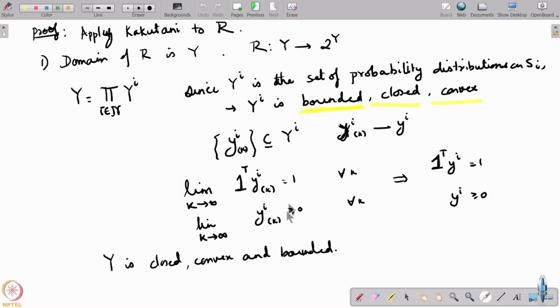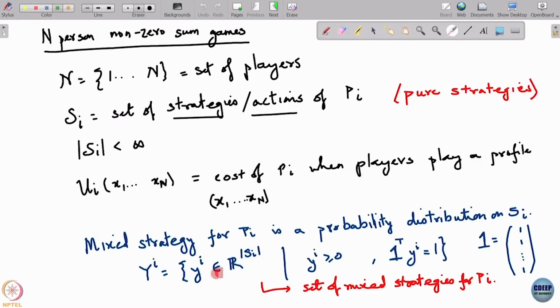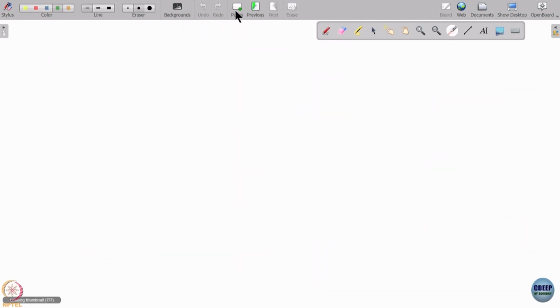I just said that it follows because if you take a convex combination of two distributions, it's a probability distribution. Alternatively, you can see that Yi is just defined by linear inequalities and equations. So, therefore, necessarily Yi is a convex set.